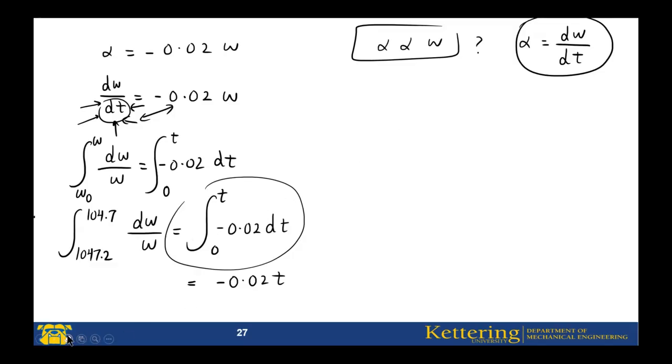How? Do you know what is the integral of d omega over omega? Does anybody know? How can I find this integral?